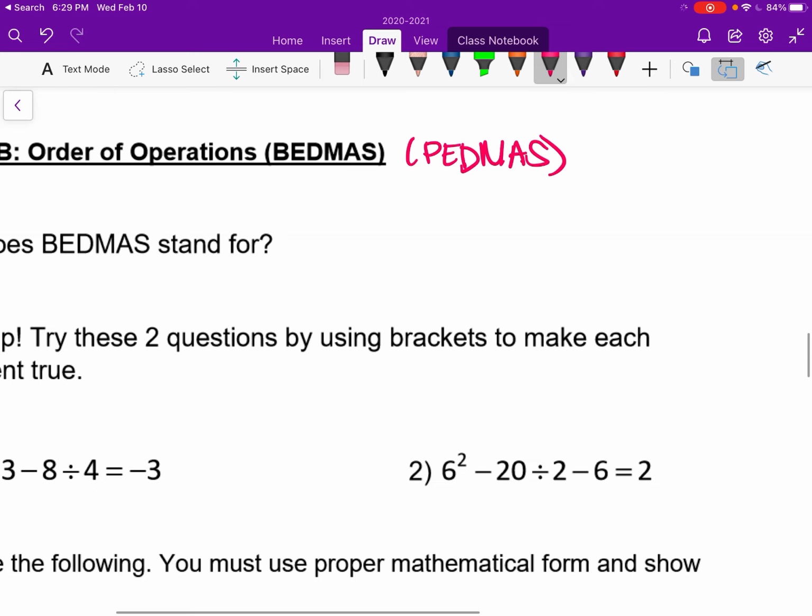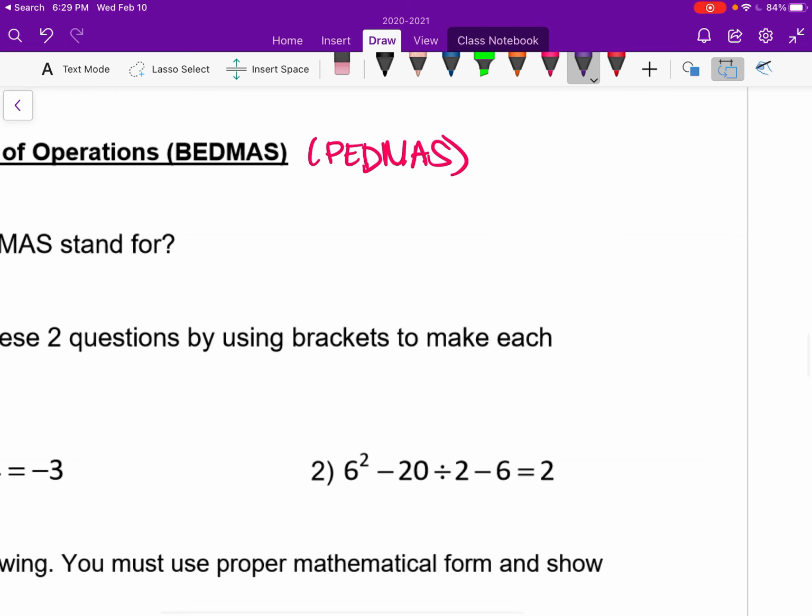So I'm just going to write out BEDMAS here in this beautiful color. And I'm going to write it like this, because that matters. So the B stands for brackets. Right?